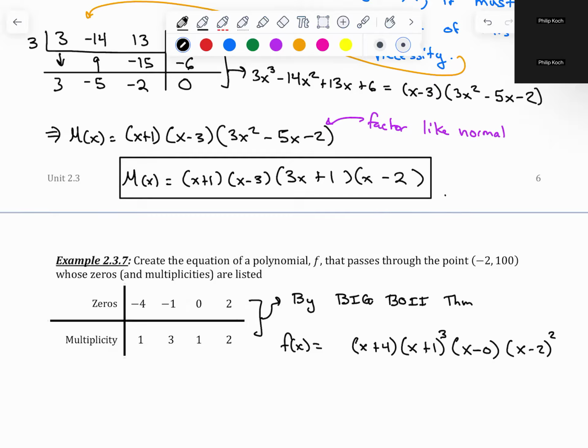So that's what we get. And I put a space for a reason. This polynomial that we've written here has those zeros.